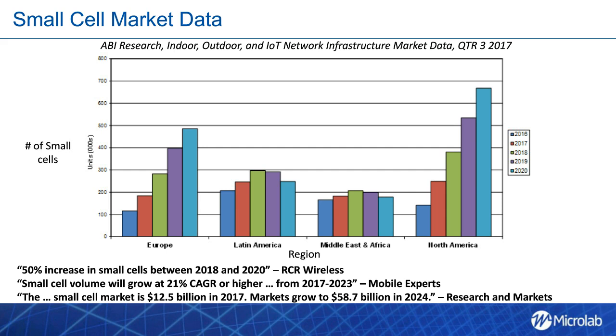You double that in total shipments in 2020 when you include APAC, which was left off the chart because it would dominate the graphic. Below the chart, you can see some more quotes on the future growth of small cells from other research firms. Besides these analyst predictions, Microlab has seen the growth firsthand. By percentage, most of our new products are designed for implementation in small cells.